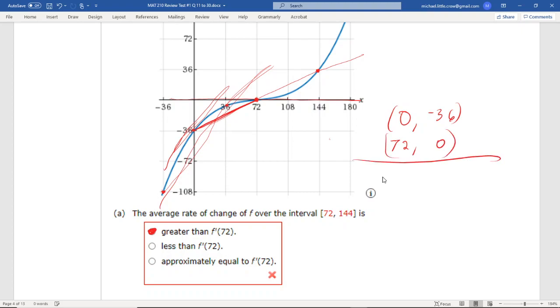So we subtract the 2, so we get negative 72, subtract 0, we still got negative 36, so we take the x, tuck it underneath the y, and again you can use y equals mx plus b as well.